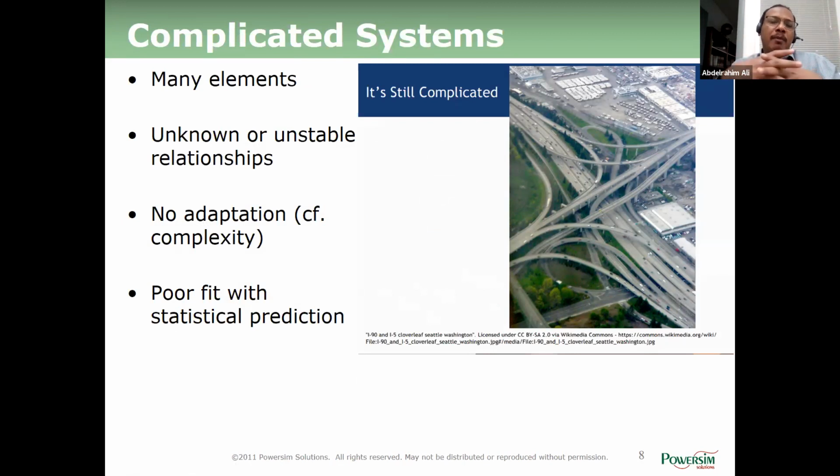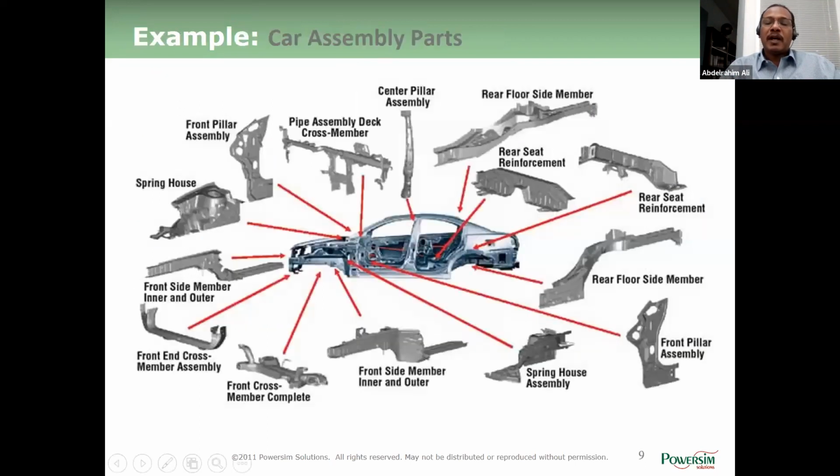It's not about the complexity, it's about the flexibility and adaptation to change. There is also a very poor fit for statistical predictions, unlike the simple system. Maybe someone will say, okay, this is very complex. No, this is very complicated. It's not yet complex. Other examples are the parts of a car or the parts of an airplane. All these are just complicated systems.